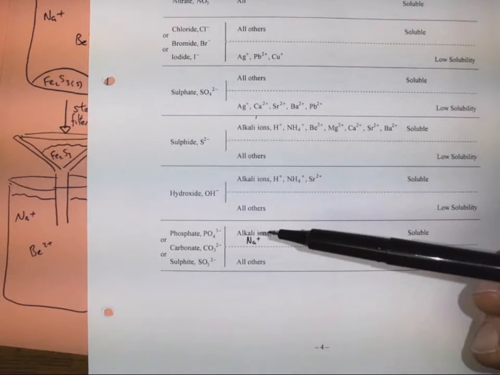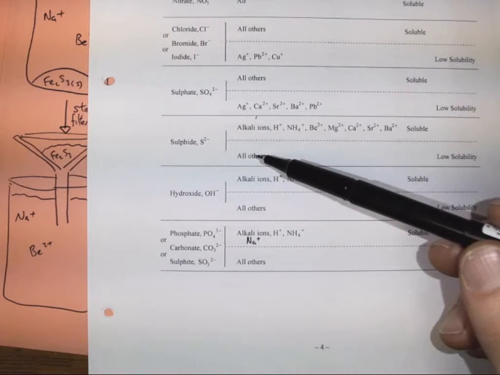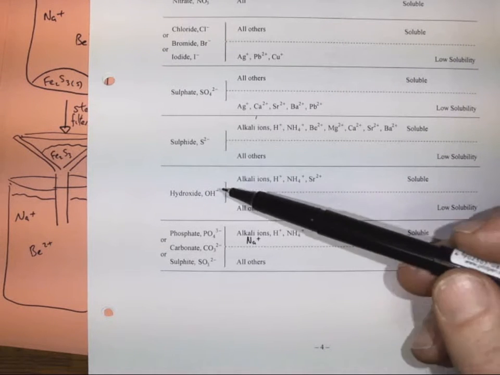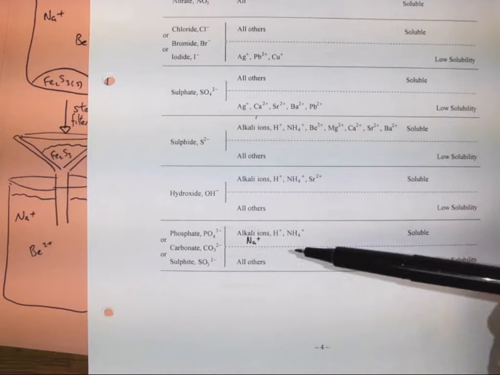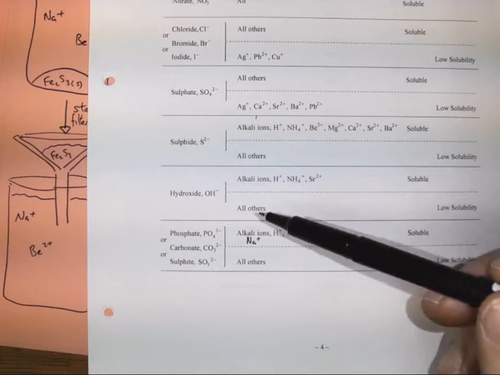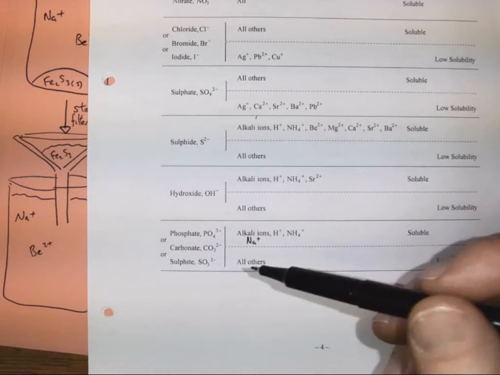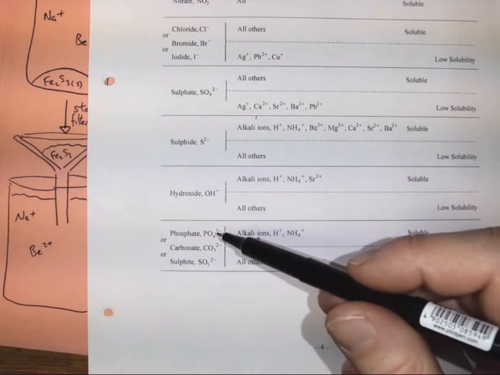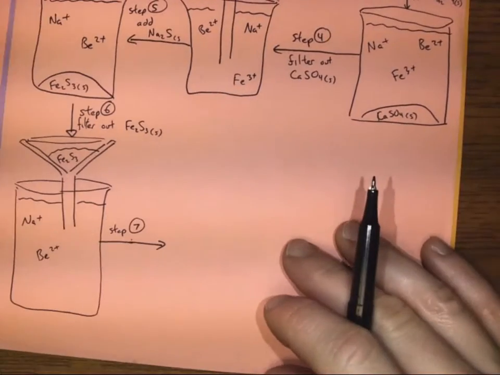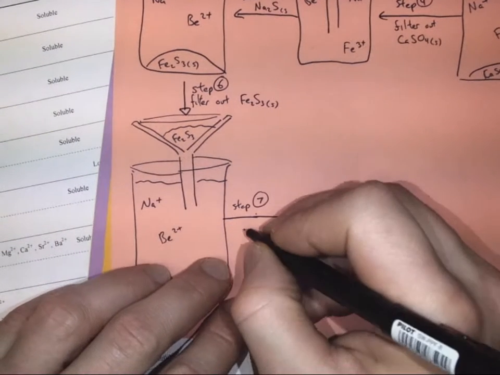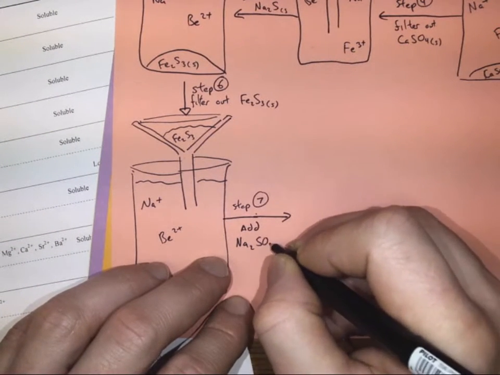And it looks like a lot of these compounds are going to take out things like beryllium, like hydroxide, or any phosphate or carbonate or sulfate, and all of them are soluble with alkali ions. So we'll choose, we did hydroxide last time, maybe I'll choose sulfite, yeah, why not sulfite? We haven't done that yet. So add some sodium sulfite.